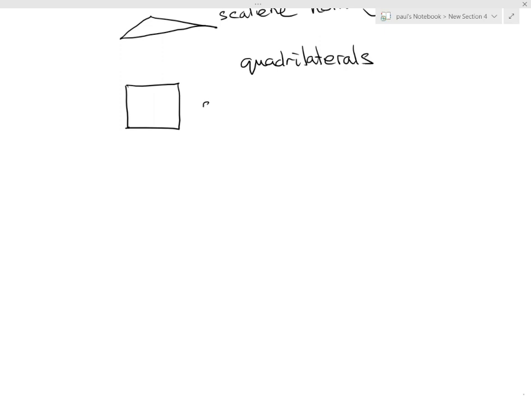This one is called a square, and a square, all sides and angles are the same as each other, so we could in fact do that. And then, because it's a square, all the angles in there are 90-degree each.